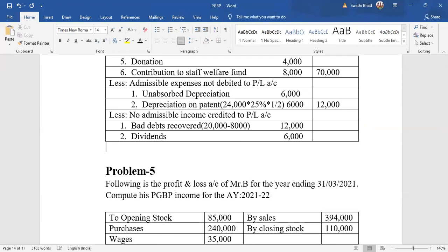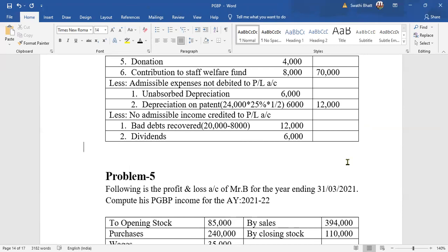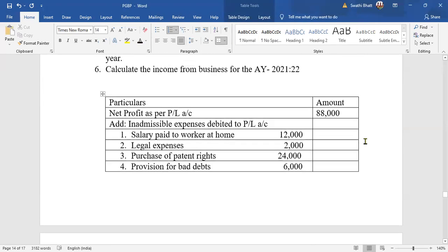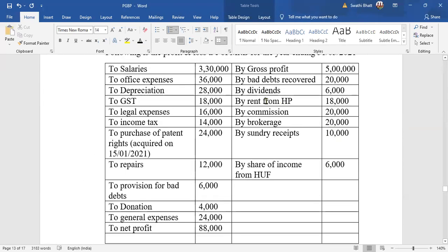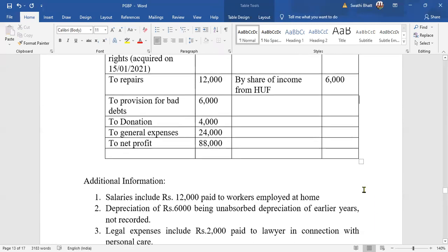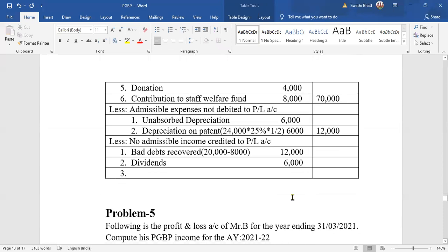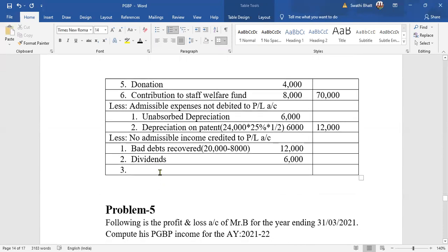The next item that we have in the question is rent from house property. It will be taxable under the head income from house property and not here. So any rent you receive from house property will be taxable under income from house property and not PGBP.